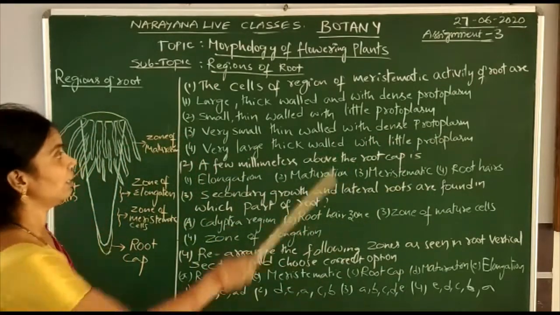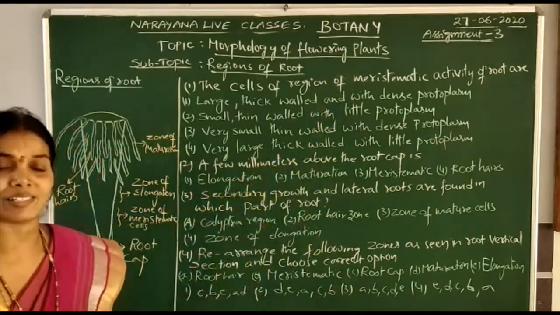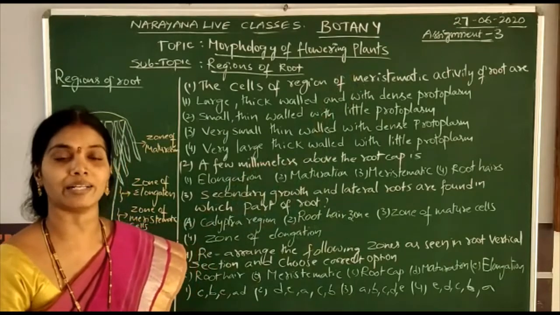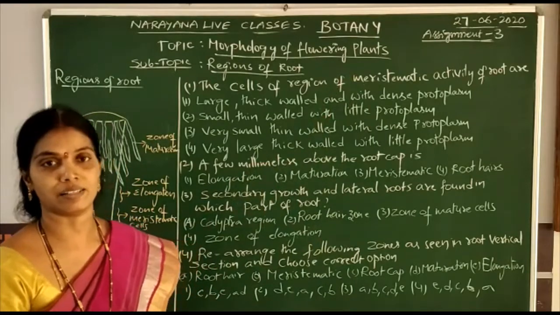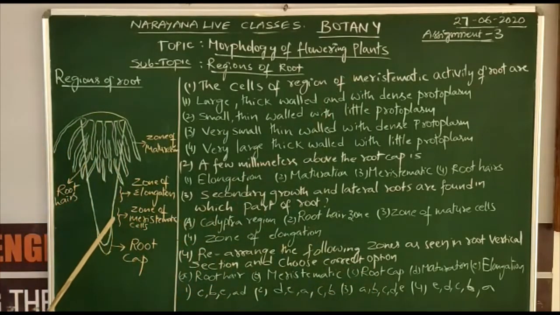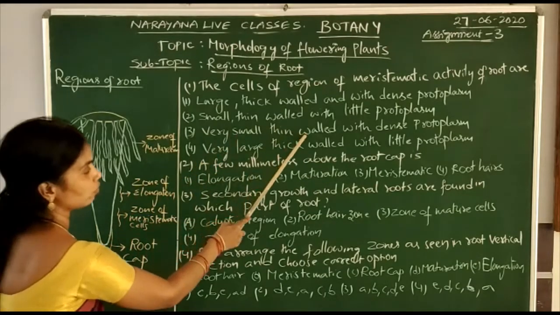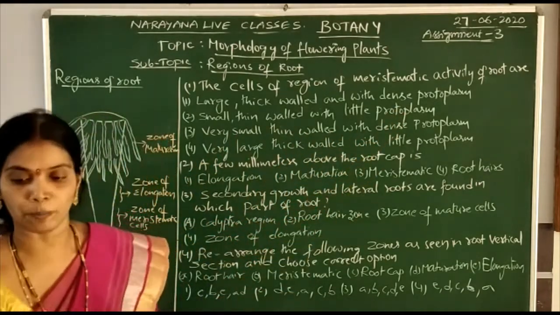See children, here the question is related to meristematic cells. You know meristematic cells are the dividing cells. You can see in this figure, above the root cap region, meristematic cells, and these cells are small, thin-walled with dense protoplasm.